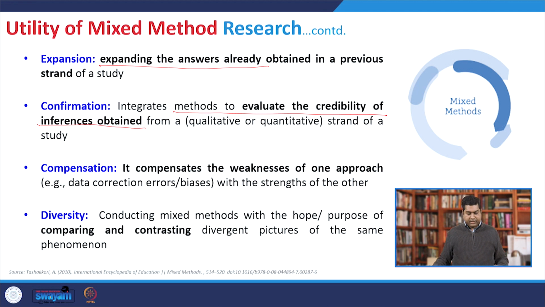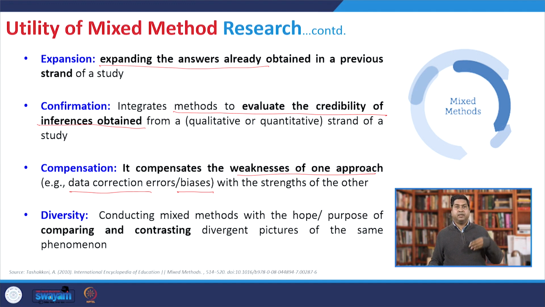Coming to the compensation, sometimes this mixed method compensates for the weakness of one approach over the other, like it may be data collection error, or it may be some of the biases. Because whenever you go for qualitative research, as it is much more of a dialogue exchange, or maybe observation, like ethnography, and also the case study, there might be some biases.